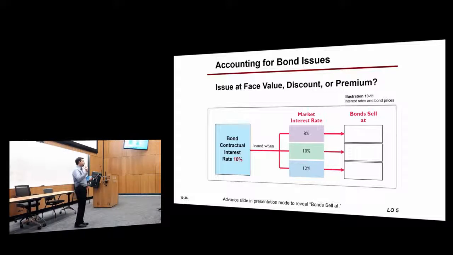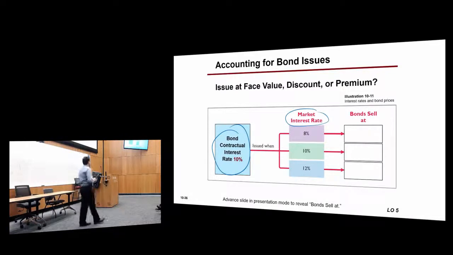When the market interest rate is equal to the contractual interest rate, which is also called the stated interest rate. When they are equal, the company's bond is as appealing as the market. So it will be sold at face value.